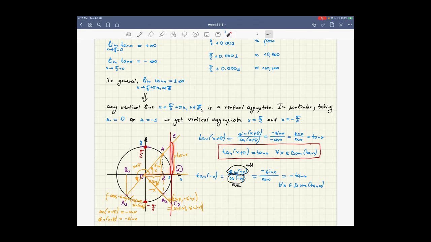So the other legs are also equal, but one leg is tangent x, the other is tangent of negative x. So these distances being equal implies that tangent x and tangent of negative x are equal by absolute value and different only by a sign. Tangent x equals negative of tangent of negative x.